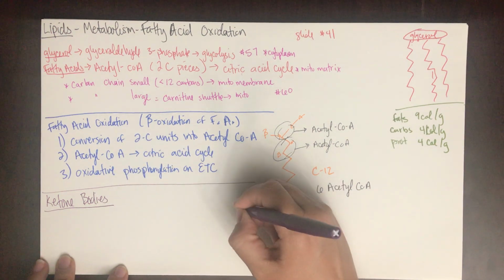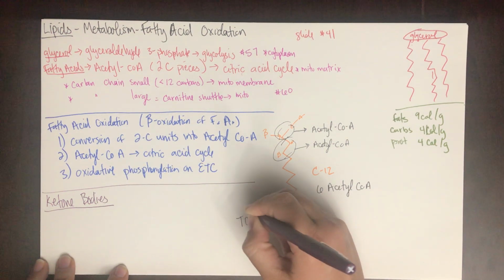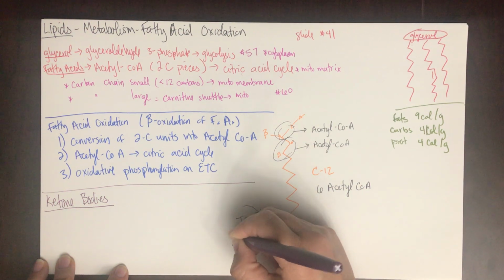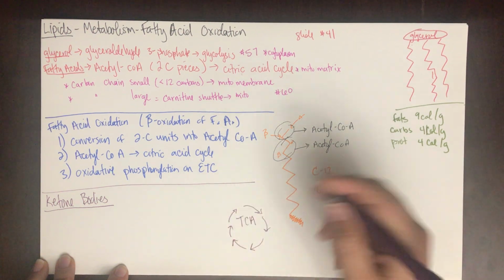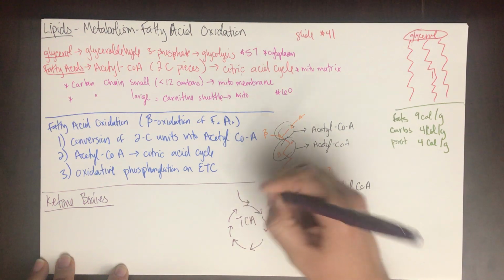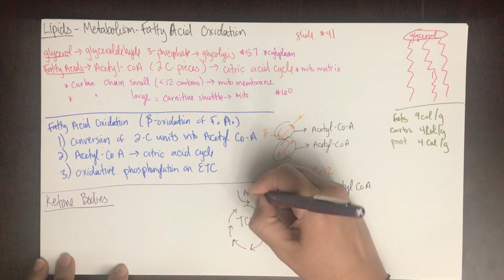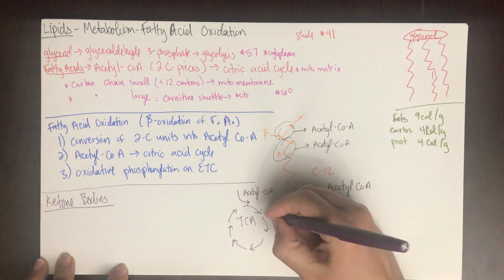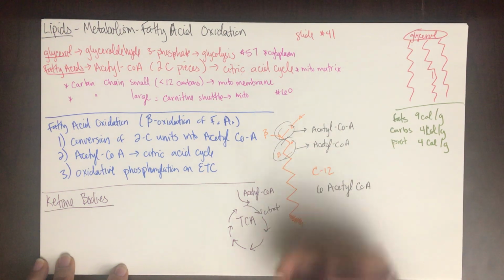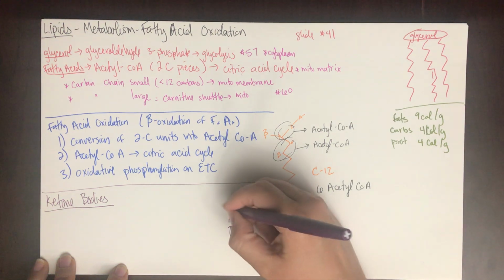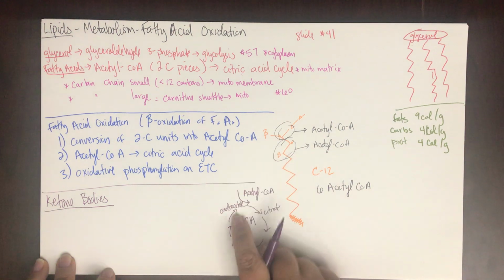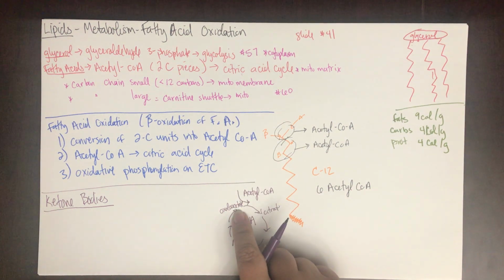If we remember the citric acid cycle, remember, what comes into the citric acid cycle is acetyl-CoA. And the first intermediate here is citrate, and then it goes around and around. Well, the last intermediate over here is called oxaloacetate. And oxaloacetate is a really important molecule.